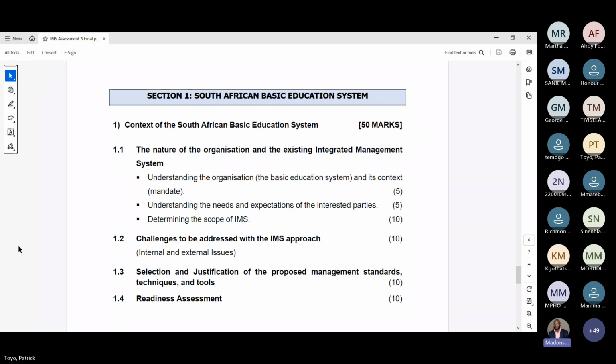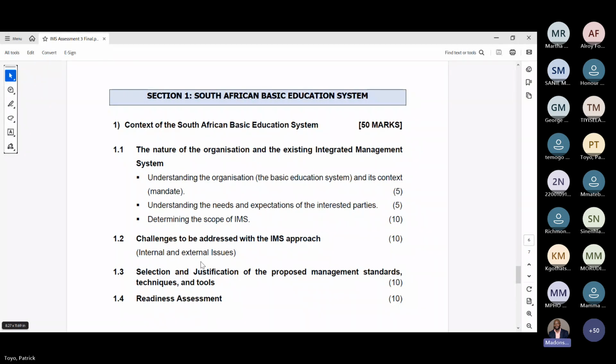You can request an appointment with me or Dr. Toyo so that we can assist you in starting to work on this section. I think section 2 is just straightforward, but what is important is the contextualization of section 1.